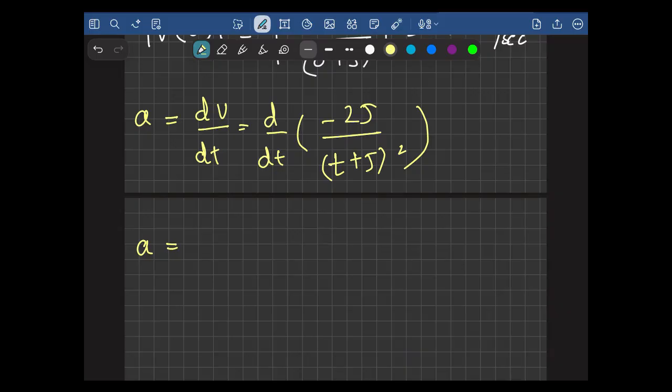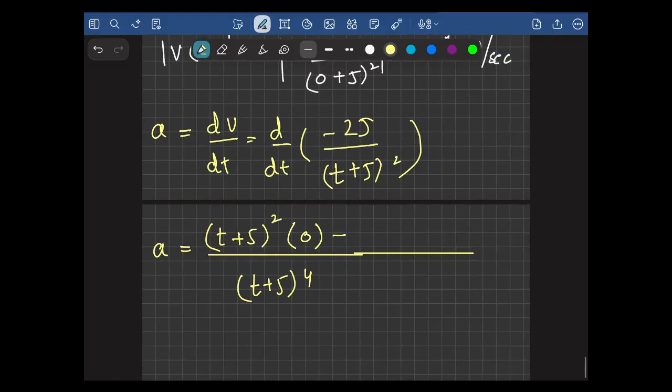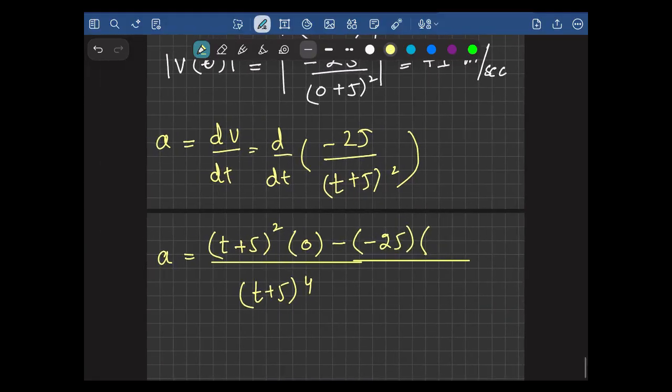the derivative function: we square the denominator, so t plus 5 will become power 4 here. Then we write the denominator function as it is once, which is t plus 5 perfect square. Then we take the derivative of the numerator, which is minus 25, and its derivative becomes 0, minus the numerator as it is, minus 25, into the derivative function of the denominator.